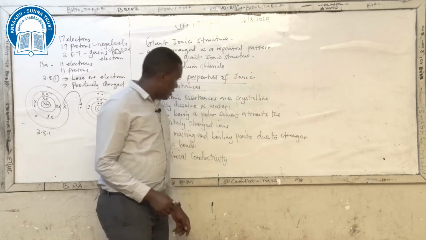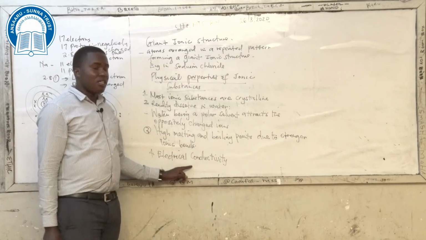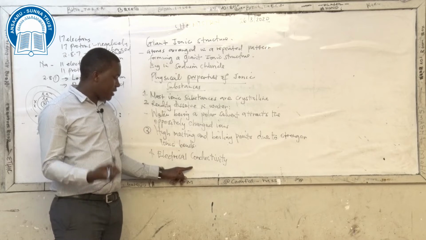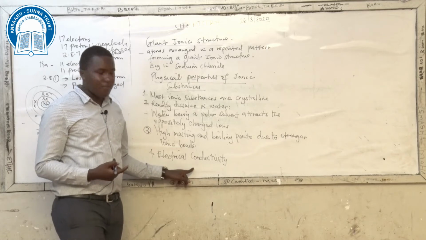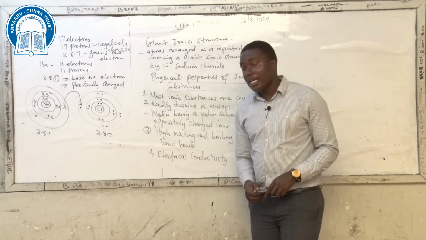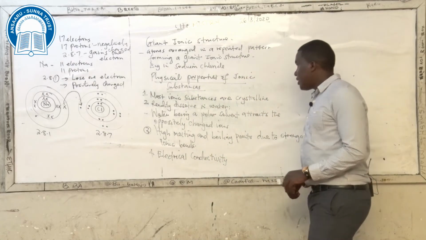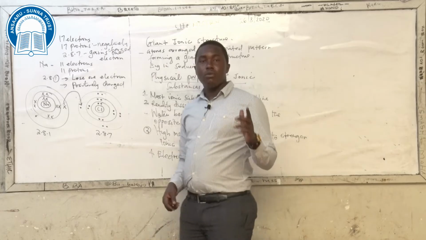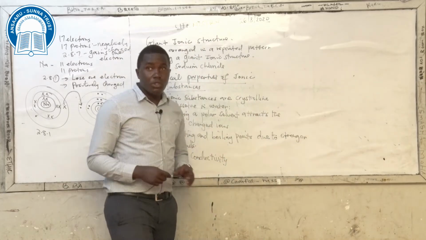So we are saying that electrical conductivity must involve some particles that are able to transfer the electric current from one end of the structure to the other. And this is only possible when the two conditions are met.